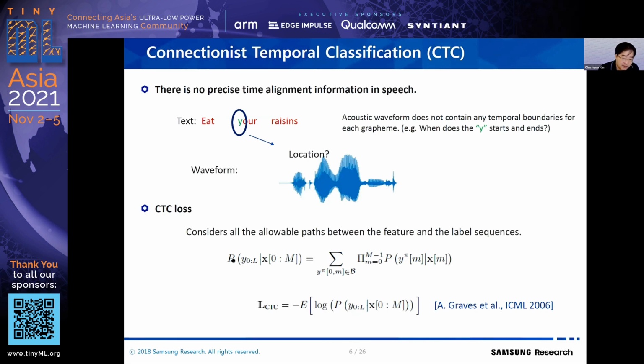So the idea of the CTC loss itself is quite simple. So he just considers all possible alignments which can map the input waveform to the actual text sequence. And like any other loss function used in machine learning, we use the log probability with the expectation. So this is the definition of the CTC loss, and this work was published by Alex Graves in ICML 2006.